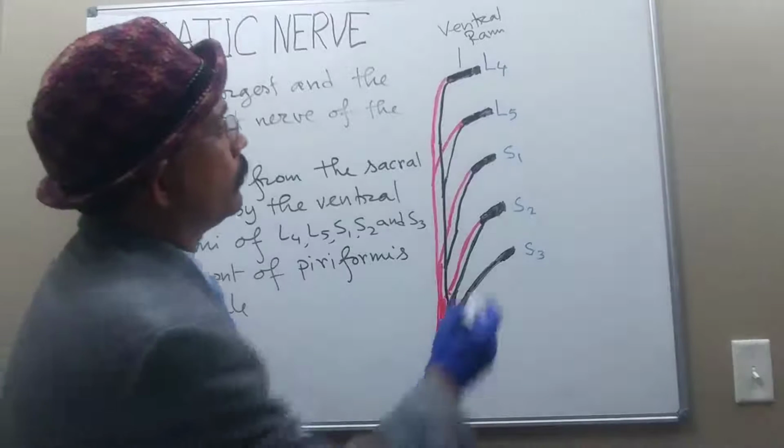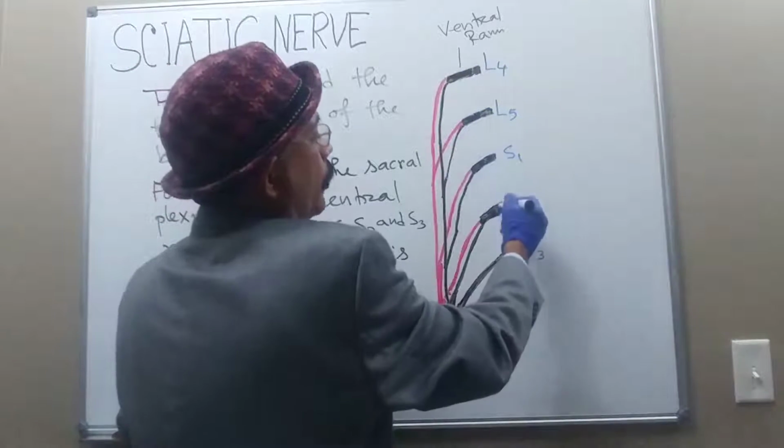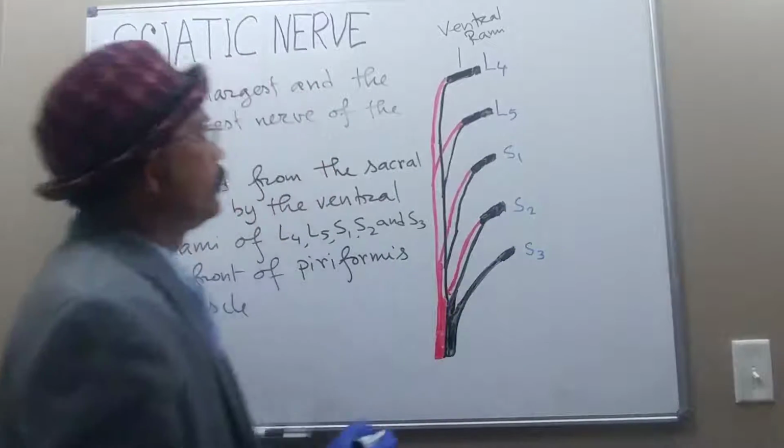Okay, so these are the ventral rami of L4, L5, S1, S2, S3.